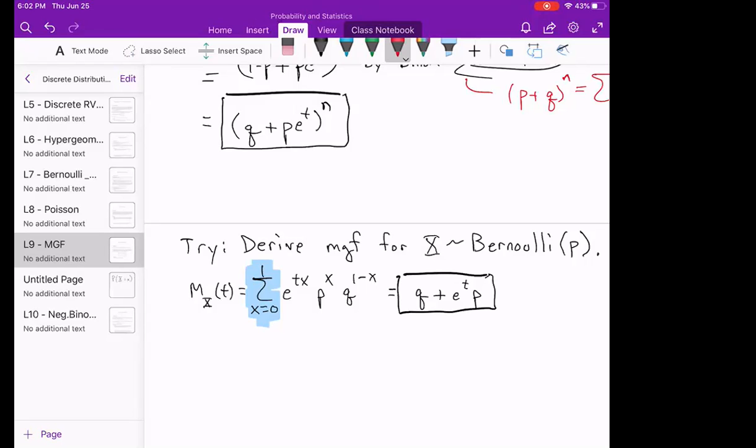So the first question that I posted in my poll was, did you start the derivation off correctly? And what I want to know is, did you at least begin with the sum of e to the tx times the right PMF? A simple y or n is fine.